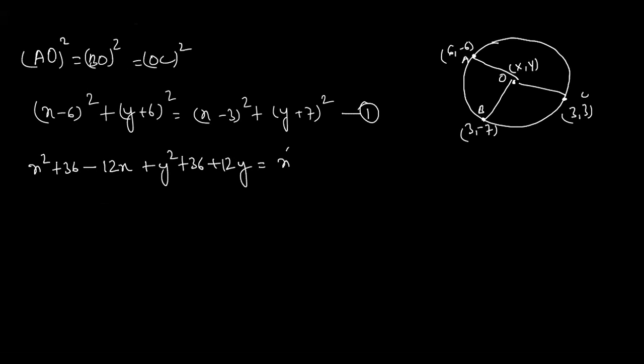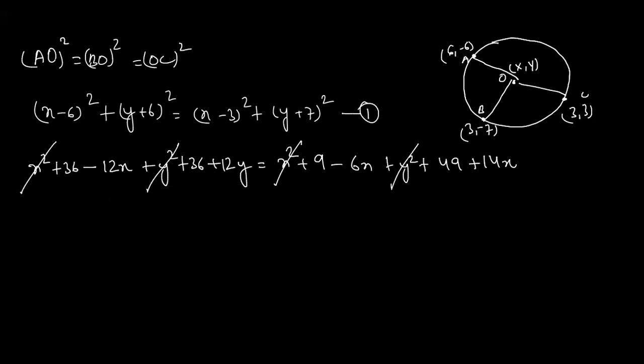That will be equivalent to x square plus 9 minus 6x, and y square plus 49 plus 14y. The y square and x square will get cancelled out, and we will have only an equation in x and y.